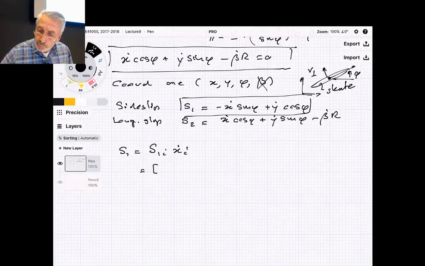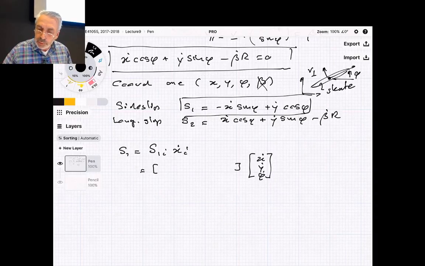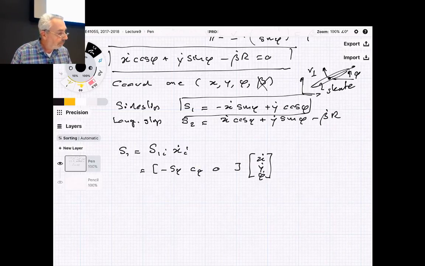And if I write it in this form, then I get this vector x dot, y dot, and phi dot. Okay, what are the entries? Well, looking at the equation, it's apparently minus sine phi, cosine phi, and here's a 0. And of course, if you want to add that constraint, you say s should be 0.